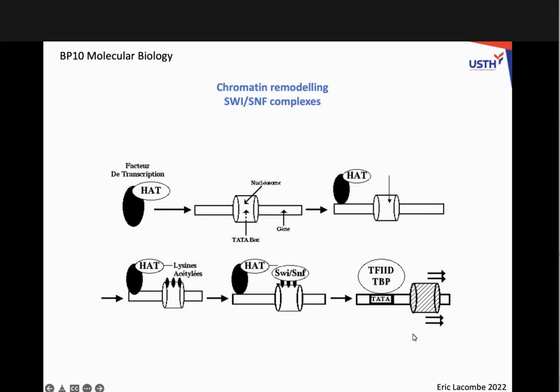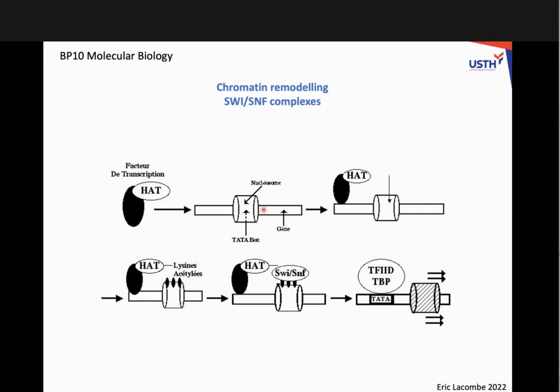So from that, we have this system, and this system is extremely important. This is an example of the first characterized complexes playing this kind of role. They are called SNF complexes. So imagine here this box is a piece of DNA, and under the nucleosome there is the TATA box of the gene.